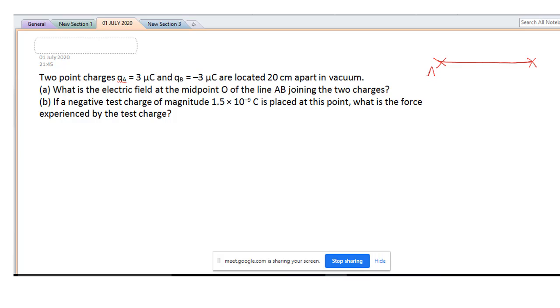This is point A, the charge is 3 microcoulomb. This is point B, the charge is -3 microcoulomb. And the distance between them is 20 centimeter.